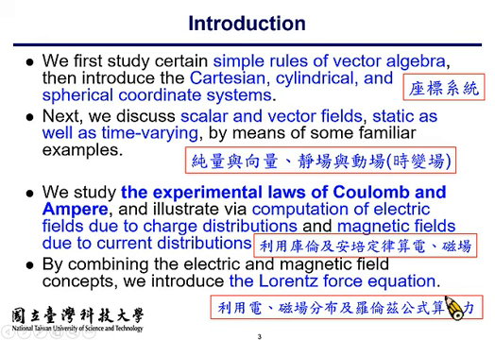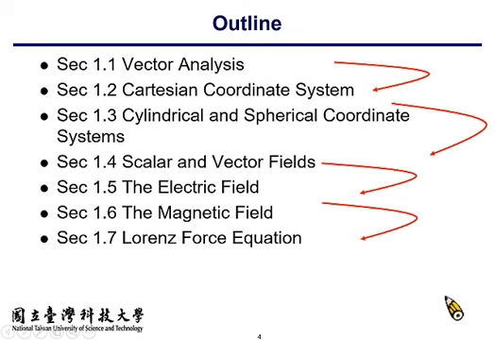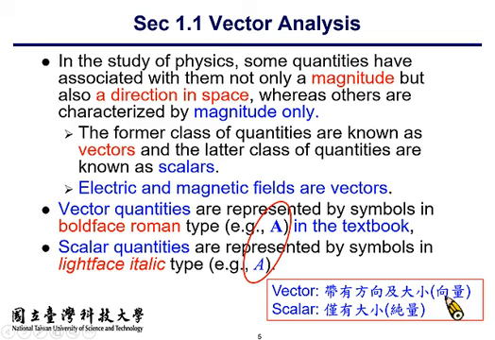Then we will look into the so-called Lorentz equations that associate the time variation between electric and magnetic fields. And here's the relationship of the agenda of chapter 1, which you can look up yourself.